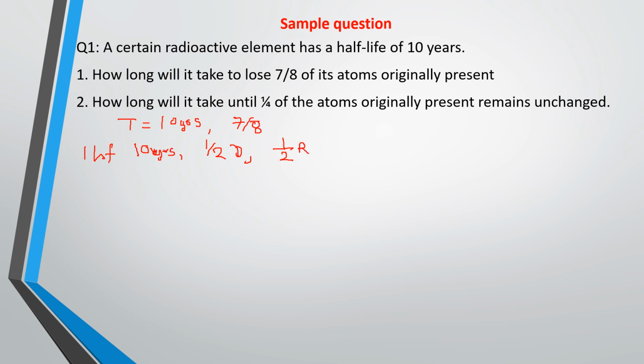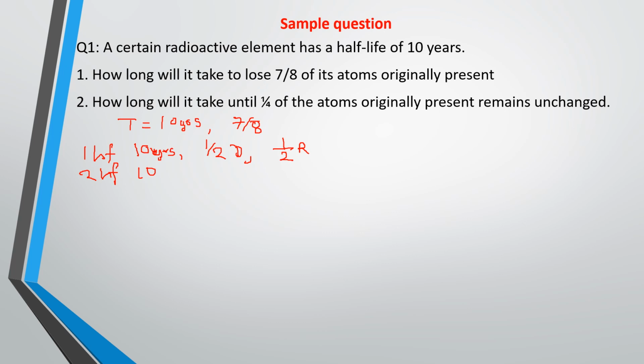Then at two half-lives, another 10 years, or you can say 2T, which is 20 years, because you have to add these two together to get the number of years.